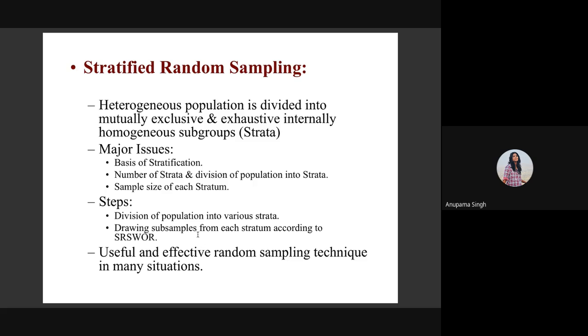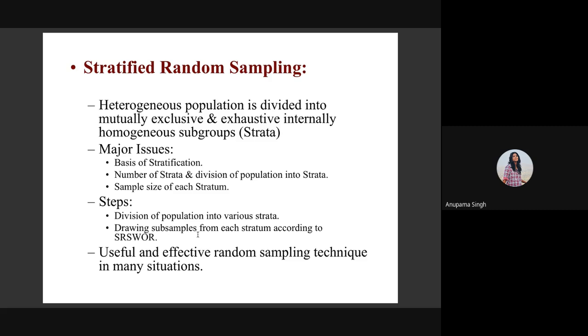Or let's take a better example. Say we want to study mental health only in the age group of 14 to 19 adolescents, right? We know that rural areas will have different kinds of responses, and urban areas will have different kinds of responses. And it might be possible that there are semi-urban areas also, right?